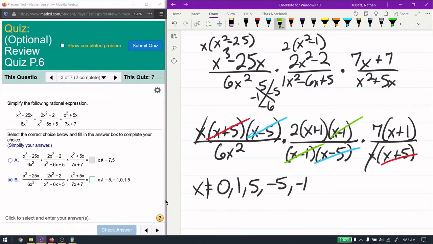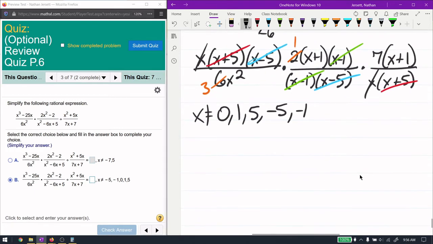X minus 1 and x minus 1. And this 2 and a 2 and the 3. That looks like everything. So let's write down what we have left. On top we have a 7 times x plus 1. On bottom we have a 3x squared, and that's it.